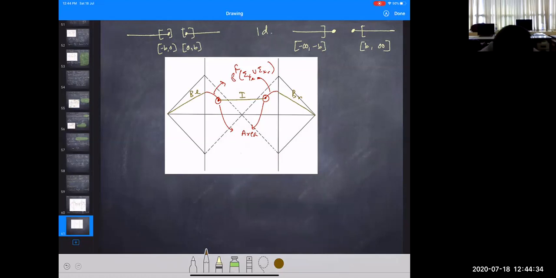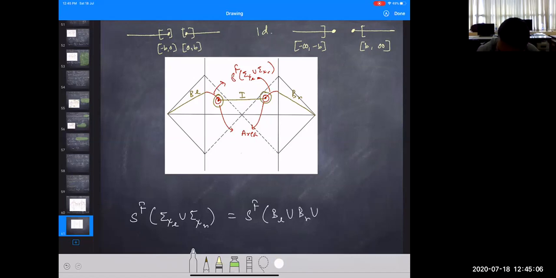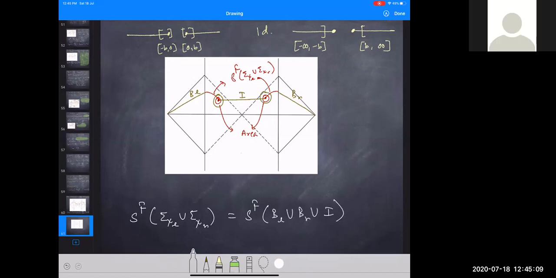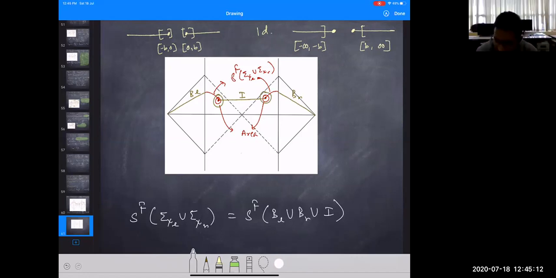But the naive prescription would be that if you want to compute the entanglement entropy of the complement in the 1D system holographically, you should take area pieces, because the original prescription also contained area pieces, and then just add the fine-grained entropy of BL union BR union I, because in the bulk this statement is true, that the fine-grained entropy of sigma chi L union sigma chi R will be equal to the fine-grained entropy of BL union BR union I. Now the only things missing are the area pieces.